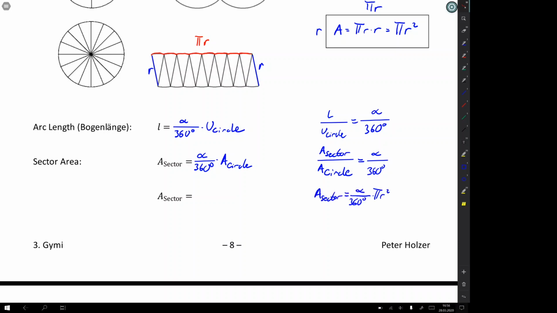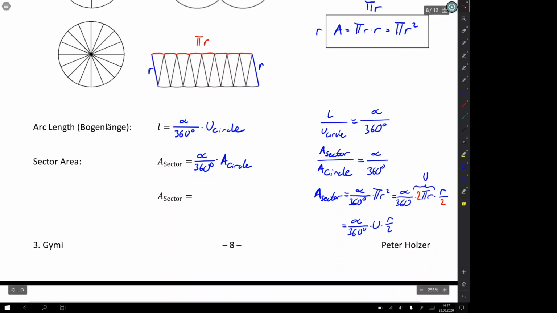Let us rewrite this area of the sector as alpha divided by 360 degrees now times pi r squared, the area of the circle, and then transforming the pi r squared algebraically, we can write pi r times r and expand by 2 divided by 2.